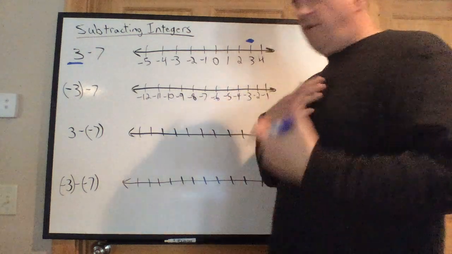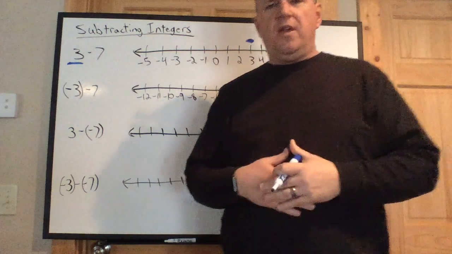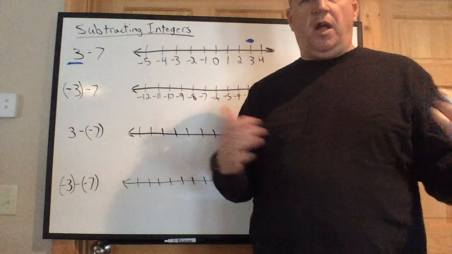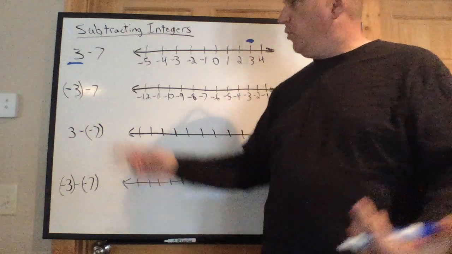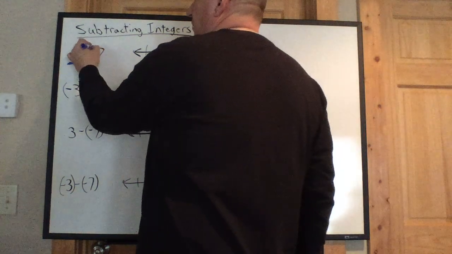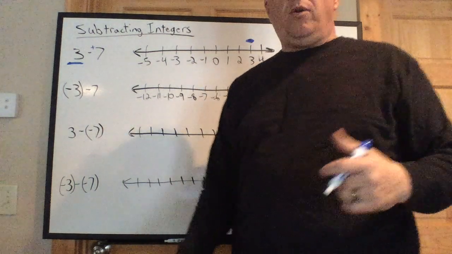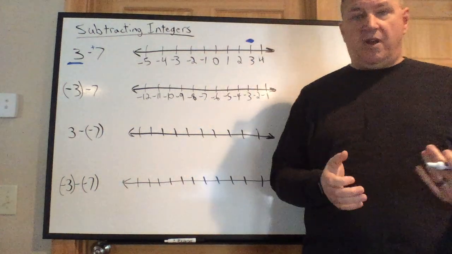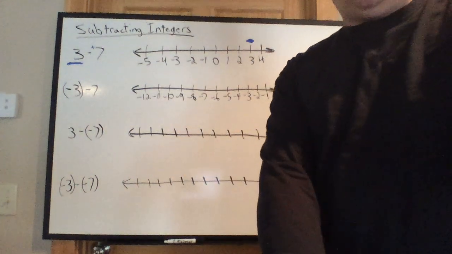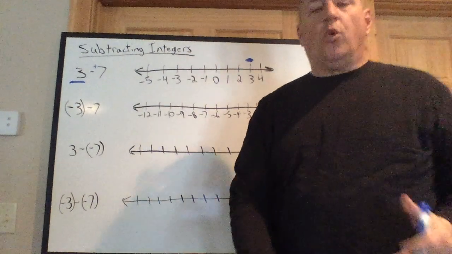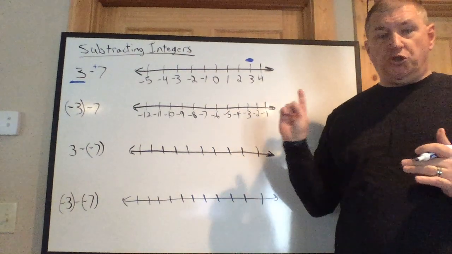Now, all of us know, I truly believe, that when you subtract a positive number, which is what we're doing here, remember, that's minus positive 7, you're going to move on a number line to the left.